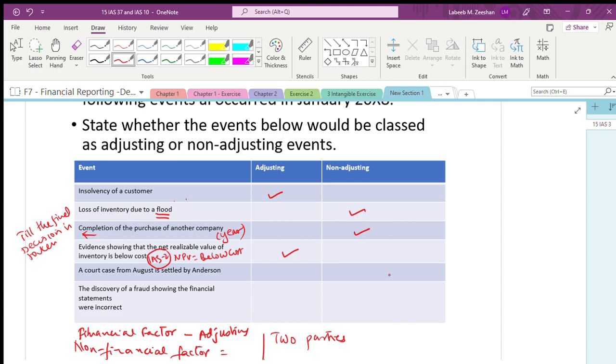A court case from August is settled by Anderson. Definitely, if the court case is settled, you have to create a provision. We have to make the adjustment as such, for whatever amount is going to be transferred. The discovery of a fraud: anything that happens to fraud, understand this, you need to make an adjustment.